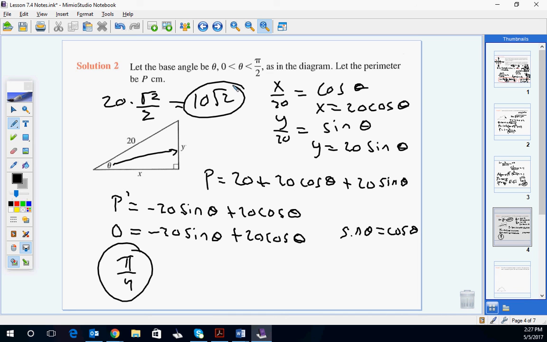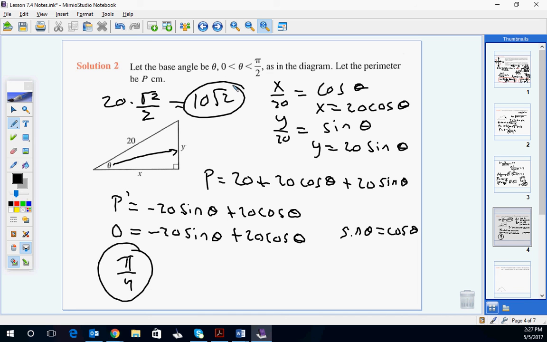If your calculator, you put pi over 4 into those. Yes, you put them into both. But when you put them both, you're going to get the same answer, right? Yeah. That's 10 root 2.